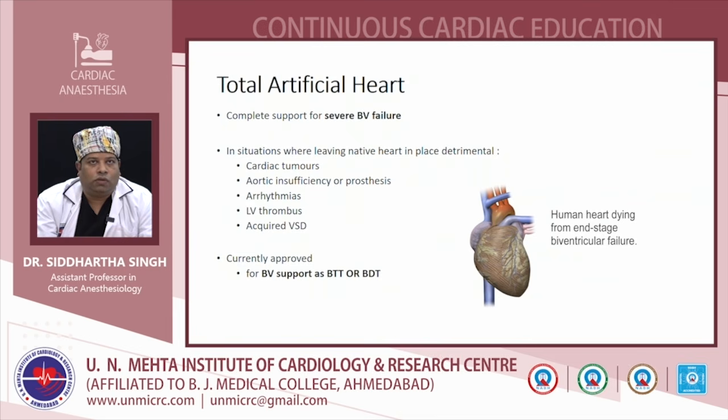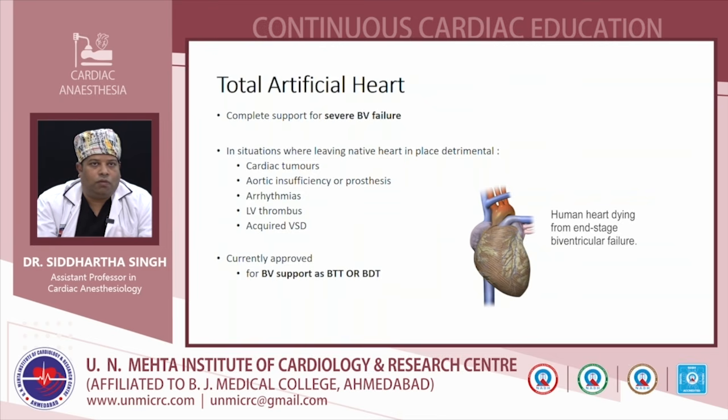A total artificial heart completely supports both the ventricles. In severe biventricular failure, we generally use a total artificial heart where transplantation is not feasible. The situations where we have to remove both ventricles include cardiac tumor, aortic insufficiency or prosthesis, arrhythmias, LV thrombus, and acquired VHDs.